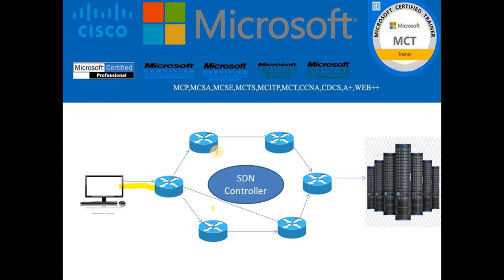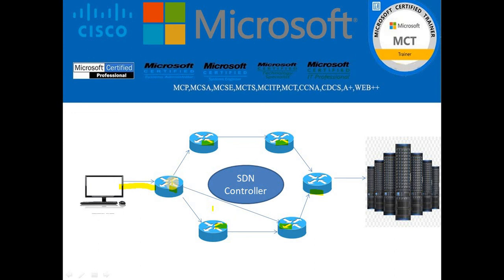Now if I come to software defined networking, trust me guys, all of these routers will be acting as a switch only. I believe you all understand the difference between a router and a switch. In our previous traditional way of routing, these routers were using their own brain. They were making their own decision in order to reach the destination.